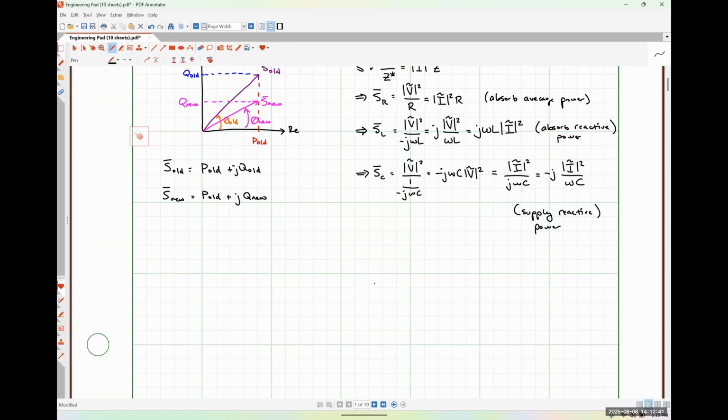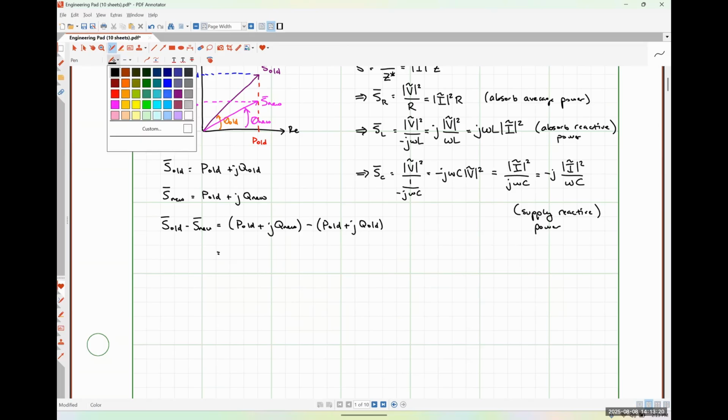So if I were to take S old minus S new, what I would get is P old plus jQ new minus P old plus jQ old.